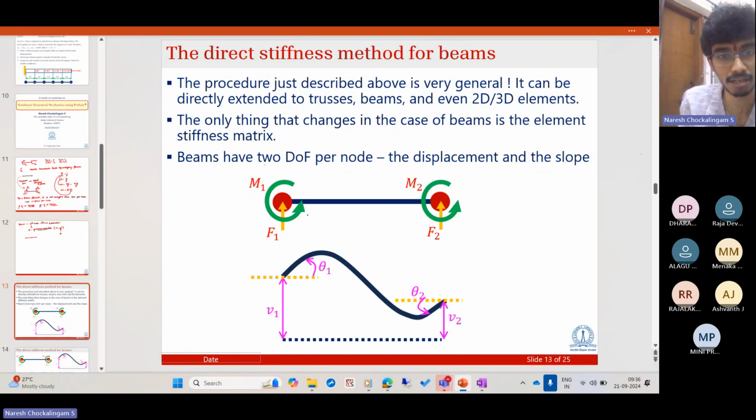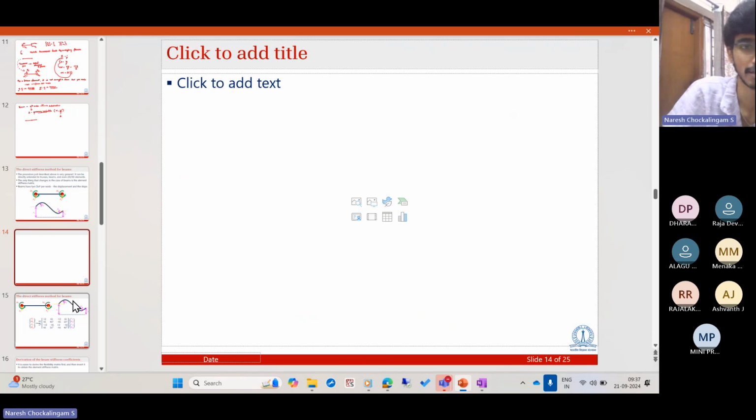You have a rotation θ1 and conjugate to it a moment M1. You have a rotation θ2 and conjugate to it a moment M2. And with respect to the central line of the beam, the points could be displaced by v1 and v2, which are conjugate respectively to f1 and f2. So what we intend to get here is 4 degrees of freedom per element.